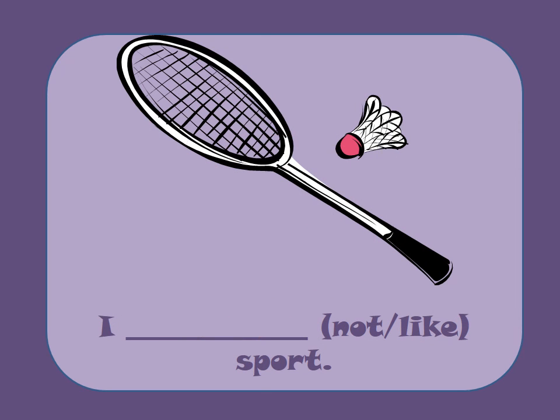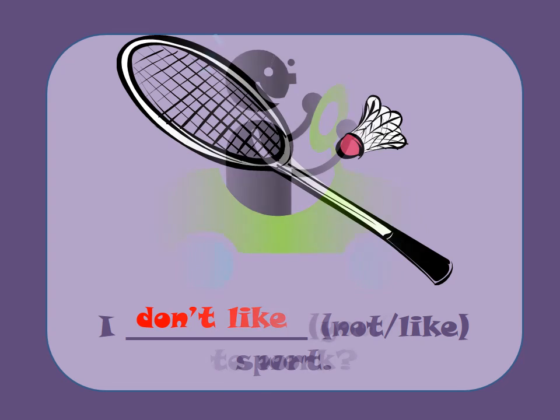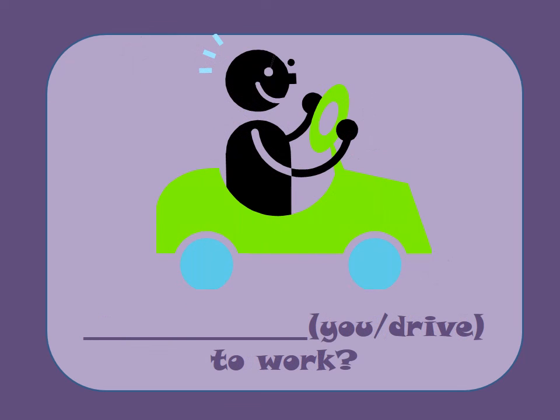I not like sport. So this is a fact about me, or a state for me. So, I don't like sport. You drive to work? This is a yes or no question, interrogative. So I'll say, do you drive to work?